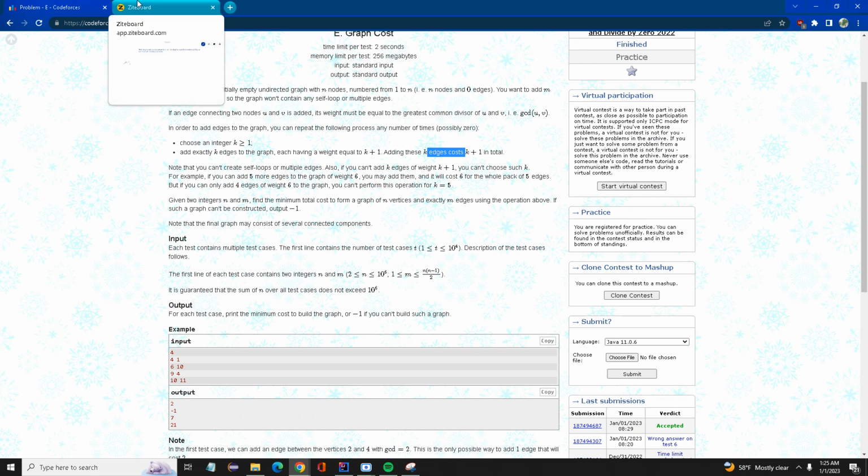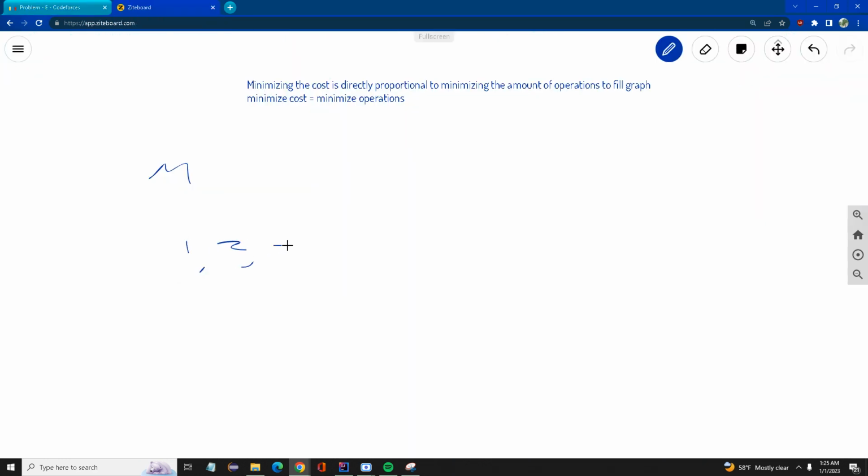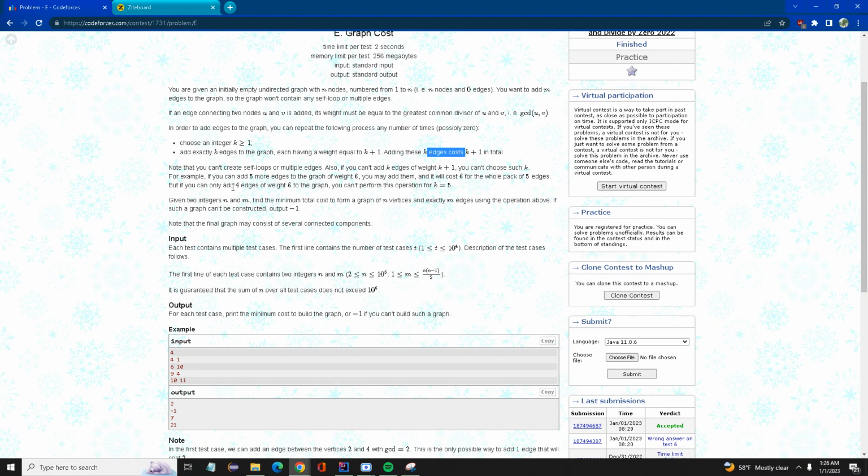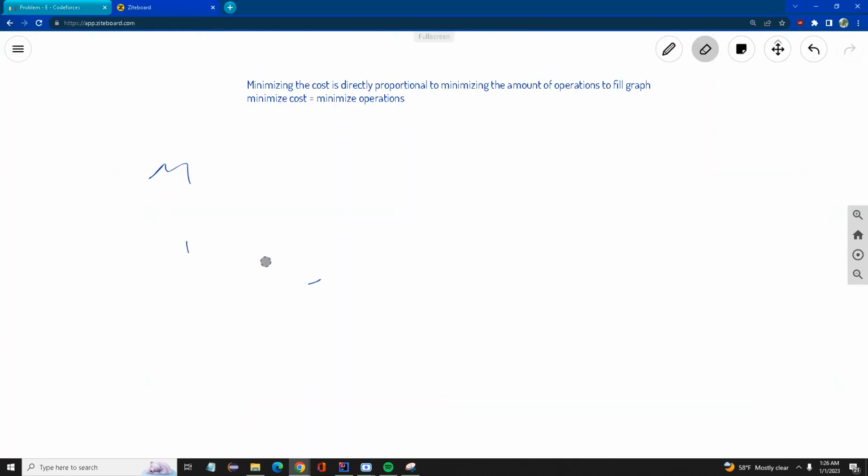So let's say you're trying to fill m edges. If you can add m edges, you would add m edges. Let's say these are all the values you can add.